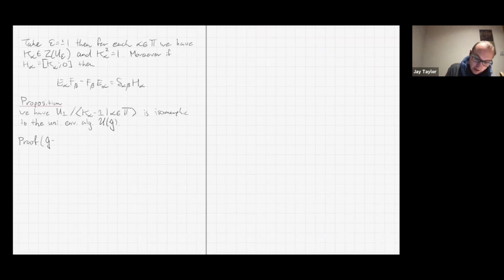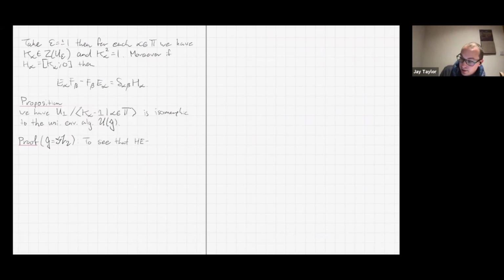So let's just make a remark about why this is the case, let's just look at the case of SL2. So let's drop the subscripts. We just need to see that the relevant relations are satisfied. So I'm going to drop the alphas from the subscripts.